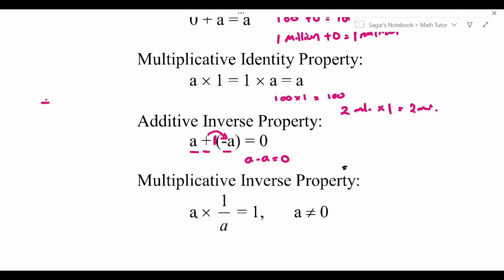You need to remember this. A positive multiplied by a positive is a positive, right? Then a negative multiplied by a positive is a negative, right?